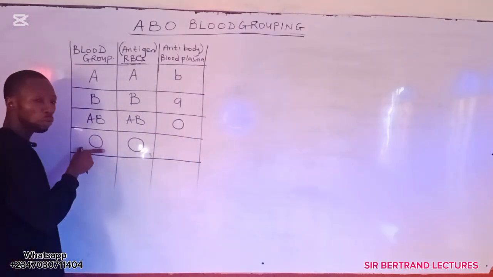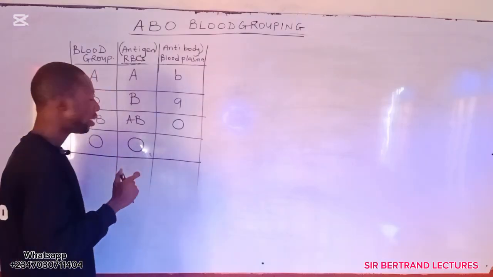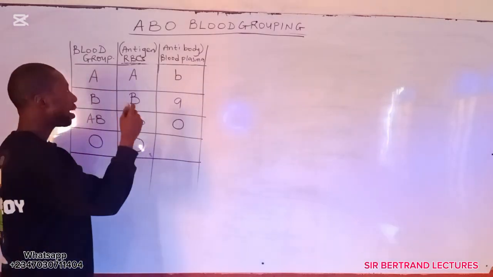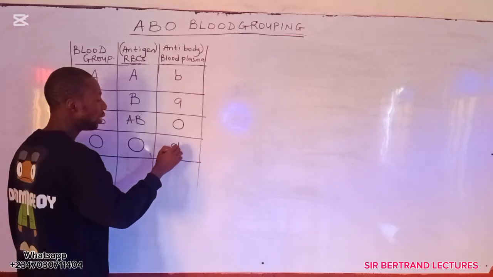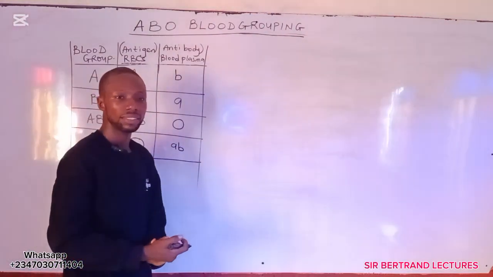All right. Then for blood group O that doesn't have any of the antigens, both A and B being absent, we have antibody A and B. This is what Landsteiner states.